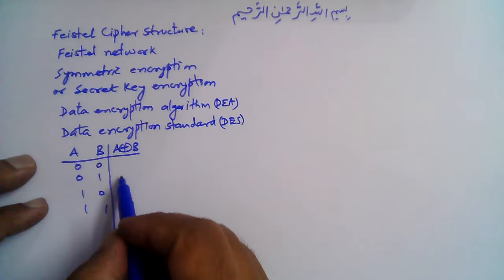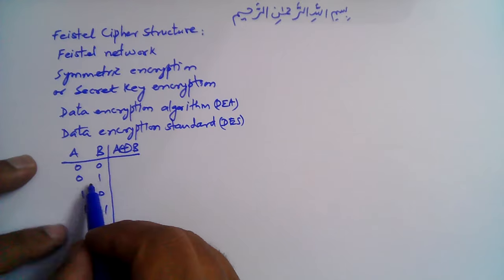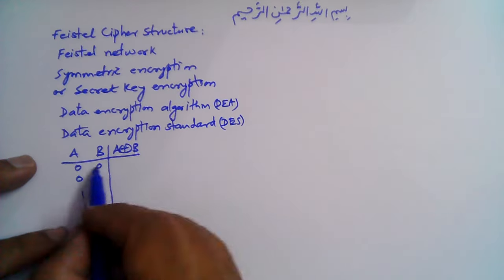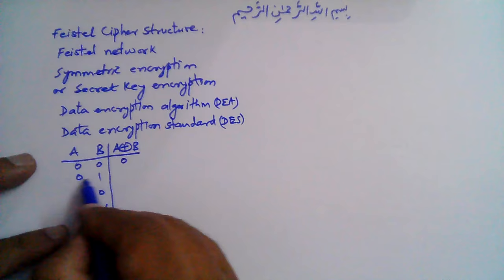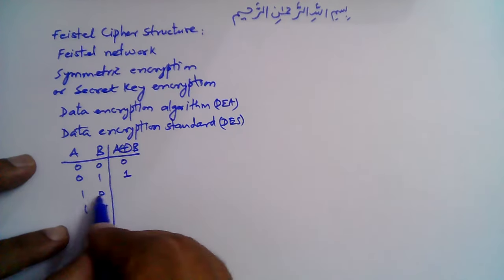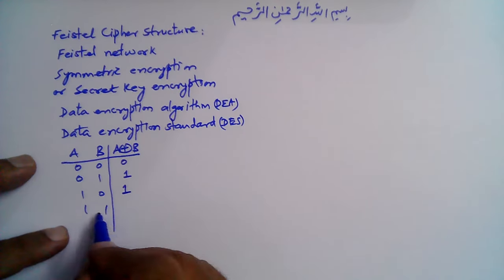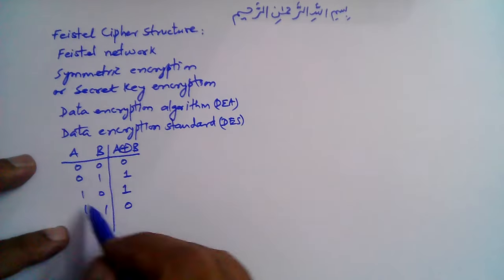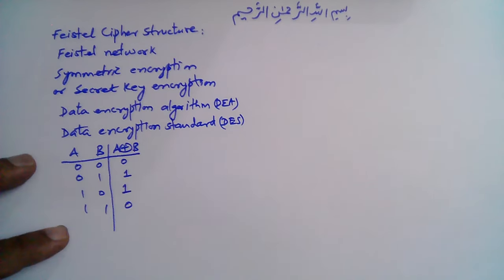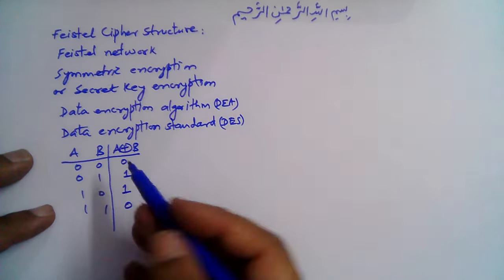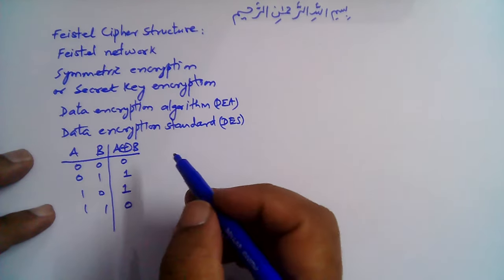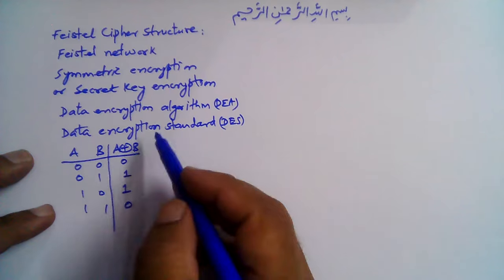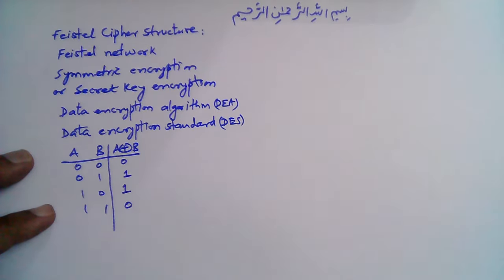The output is 1 only when the two bits are not similar. These are similar, so this is 0. These two are not similar, it is 1. These two are not similar, this is 1. And these two are similar again, so this is 0. This is how the XOR operation is defined. This binary operation is used in the Feistel cipher structure.